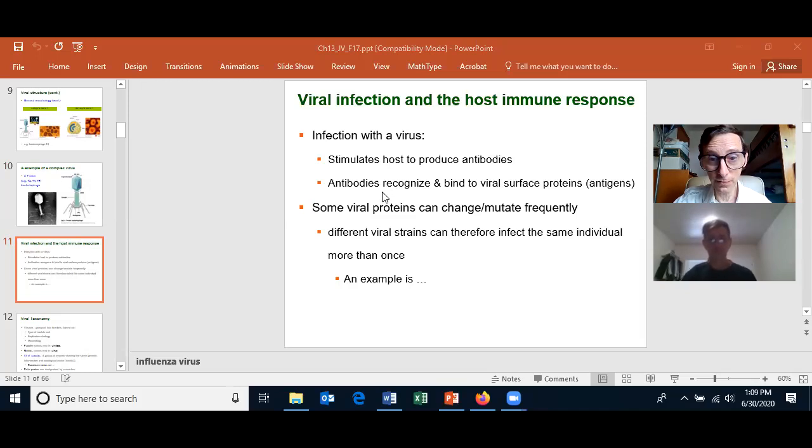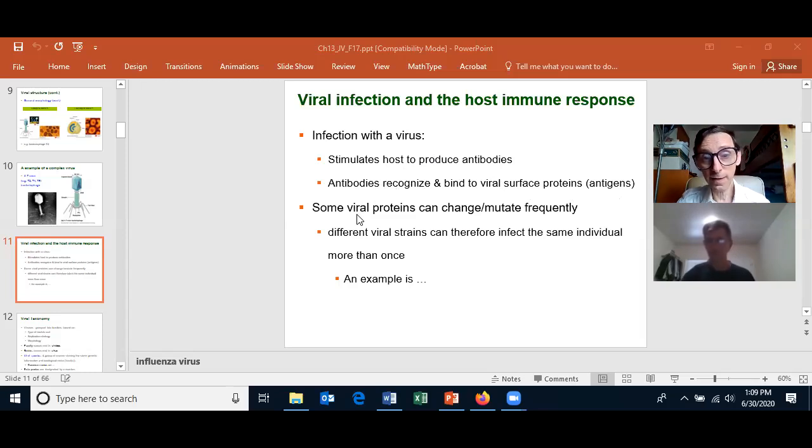The antibodies tend to recognize the viral surface proteins or glycoproteins, and that we call antigens. I'm not talking about T cells here, but in a future lesson I'll talk about T cells. And so it can actually be antibodies and T cells that recognize the antigens of the virus.